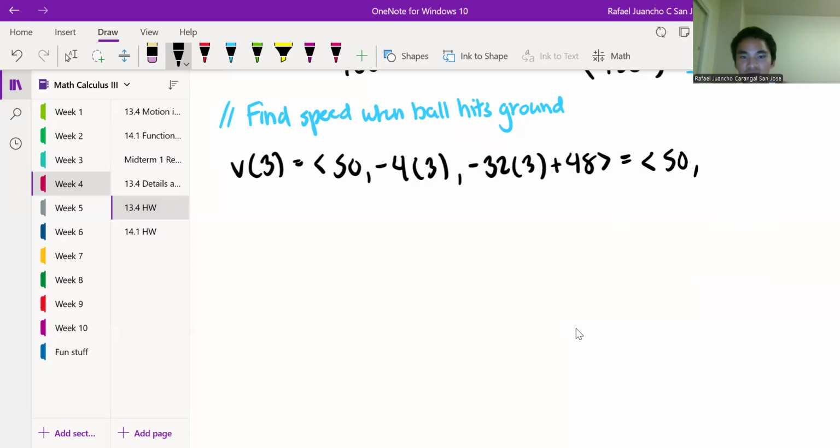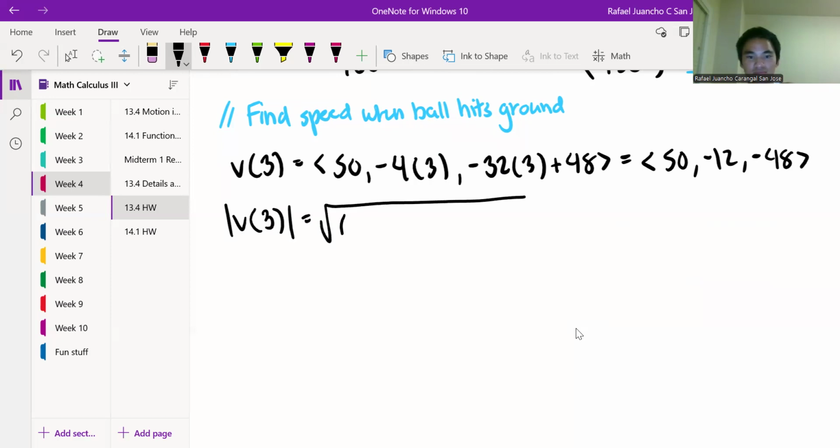I got 50, I got negative 12, 48 minus 96, negative 48. There we go. Now I find my distance here, so square everything. And boom, we're done.